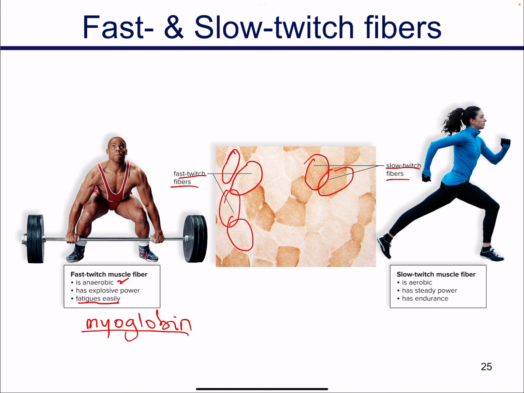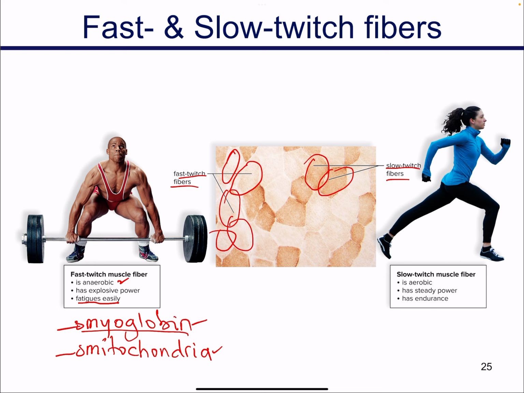Remember that. The amount of mitochondria is reduced, okay? So myoglobin is dark, mitochondria dark. So when you have a low amount of myoglobin and a low amount of mitochondria, your muscle fibers are going to look clear like this, okay? That's the fast twitch muscles. Fast, they use their energy fast and they fatigue fast, okay?